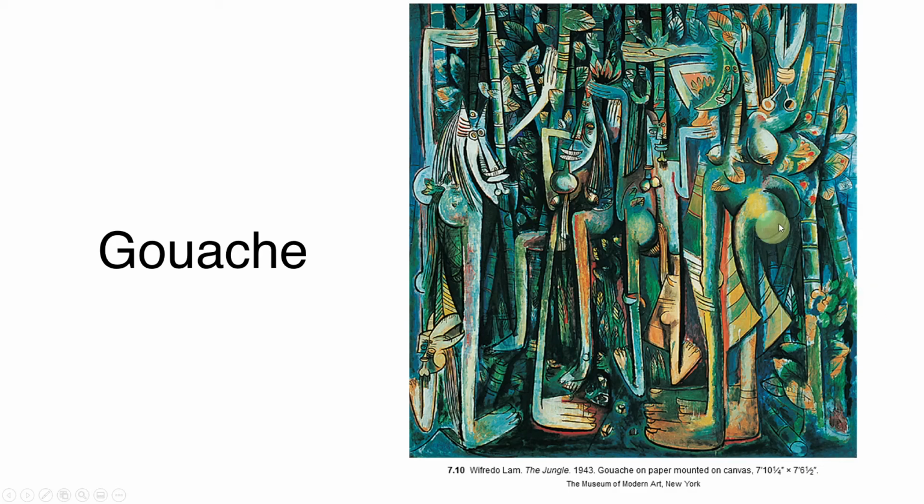You see the intensity of the colors and everything. In this example, the Cuban painter Wilfredo Lam used both the translucent and the opaque possibilities of the paint to create this beautiful painting of the Cuban jungle.